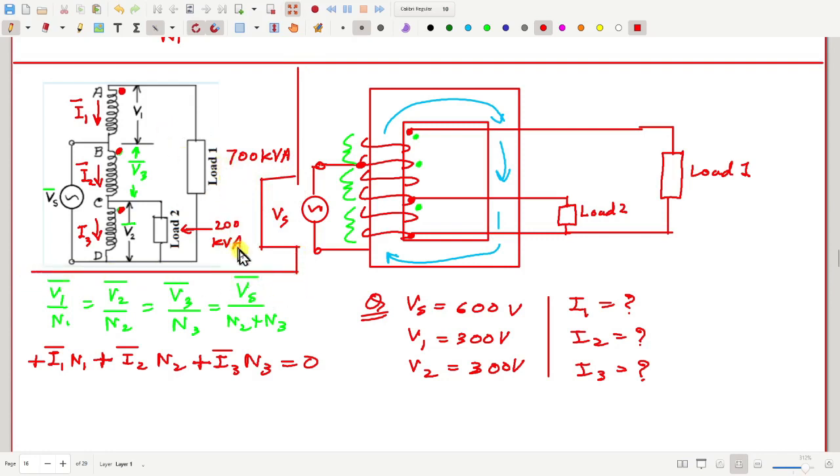Now we have to find out I1, I2 and I3. Can anyone guide me?